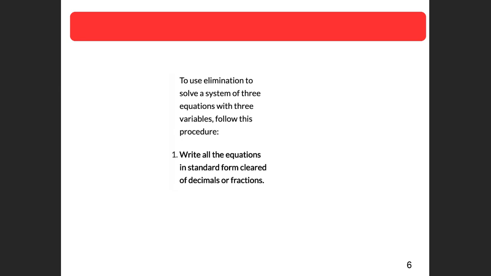To use elimination to solve a system of 3 equations with 3 variables, follow this procedure. Step 1, write all of the equations in standard form, cleared of decimals or fractions. And when they say standard form, we want to have them in x, y, z order. All of them have to be in the same alphabetical order.